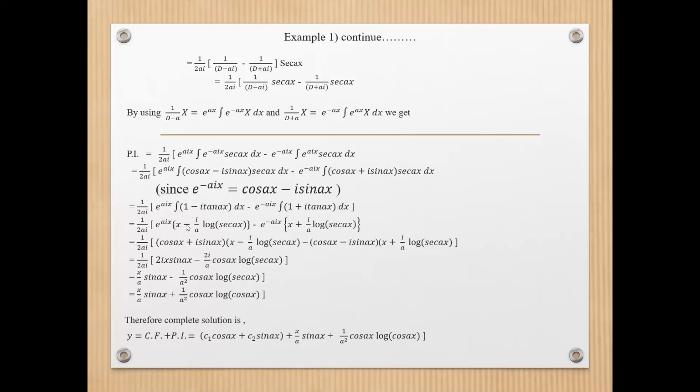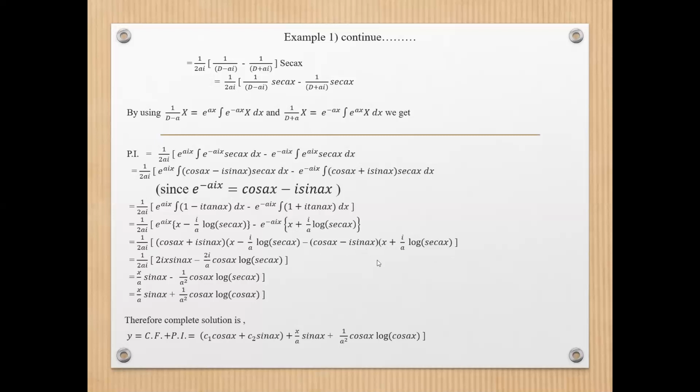Now here 1 upon 2ai e raised to aix can be written as cos ax plus i sin ax, and this term as it is, minus e raised to minus aix can be written as cos ax minus i sin ax into bracket, this term x plus i by a log of sec ax.